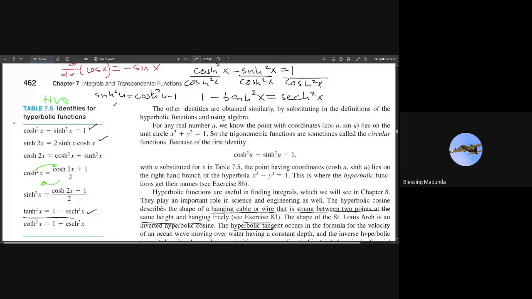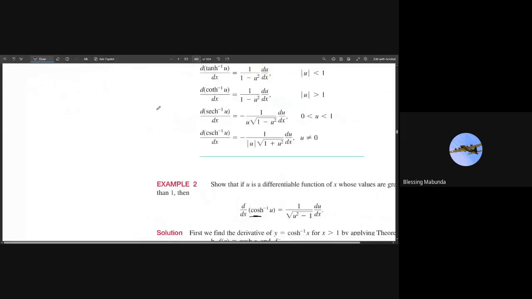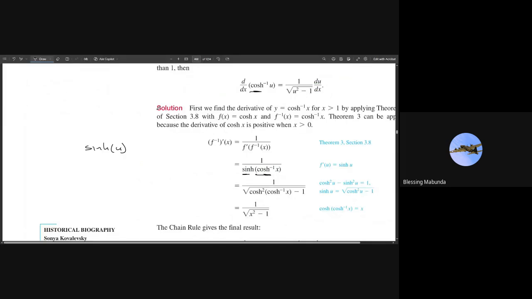So when you take the square root of that, you have sinh u is equal to the square root of cosh squared u minus 1. That's what we introduced here. The only difference now is that we have an inverse, which you still need to place as your argument. So your u here is essentially equal to cosh inverse x.